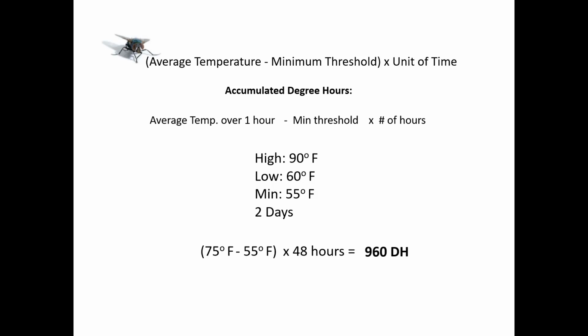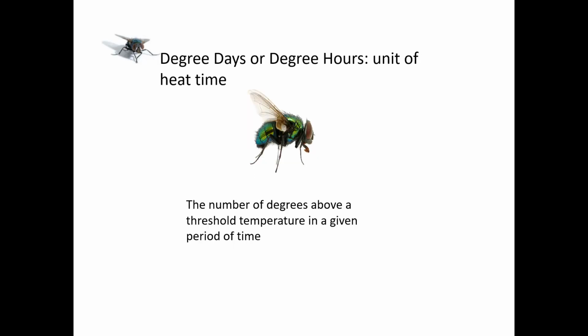In this case, we have 960 degree hours. Okay? So this is what we're talking about. Again, all we are calculating here is a unit of heat time. So a degree day or degree hour is a unit of heat time, the number of degrees above a threshold in a given period of time.